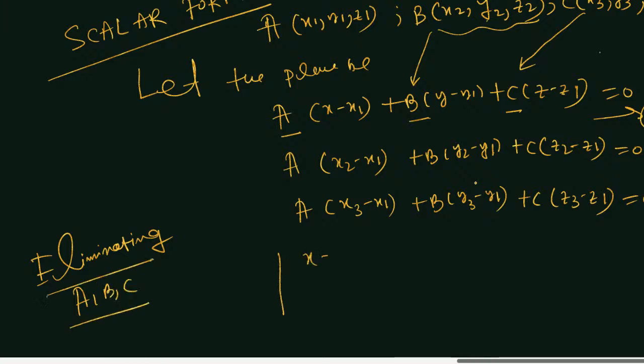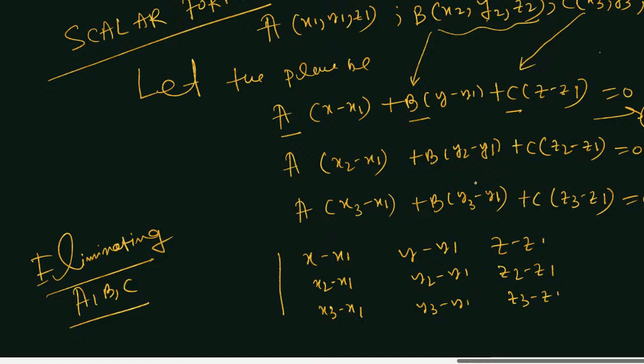We'll get this form: y minus y1. This is the required equation of the plane in scalar form passing through 3 points. Hope you have understood.